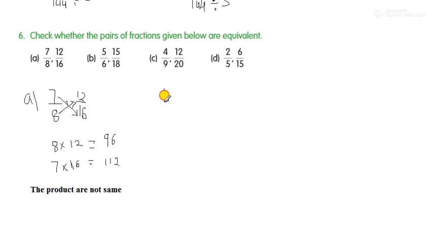So B bit is 5 by 6, 15 by 18. Next 5 into 18 and 6 into 15. So 5 into 18 is how much?